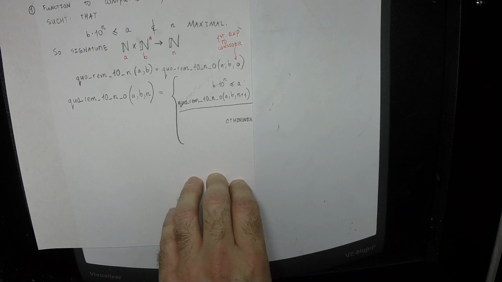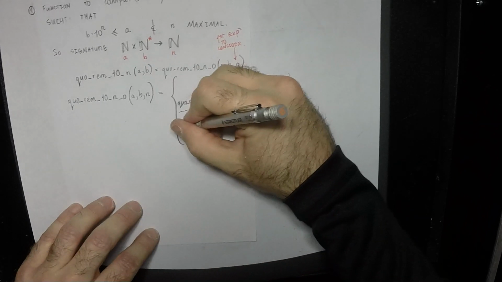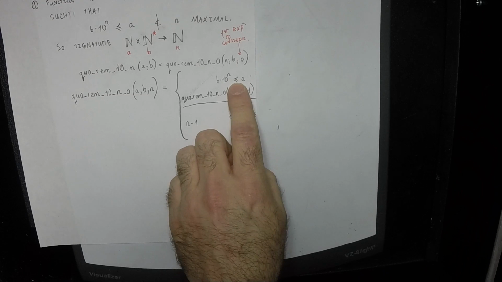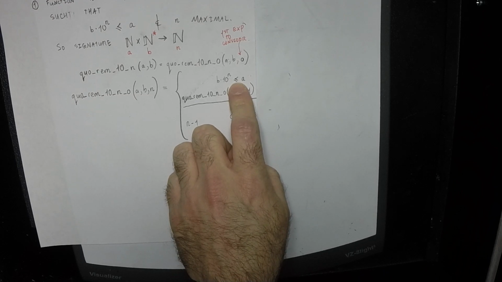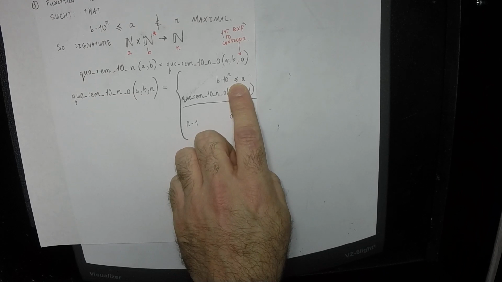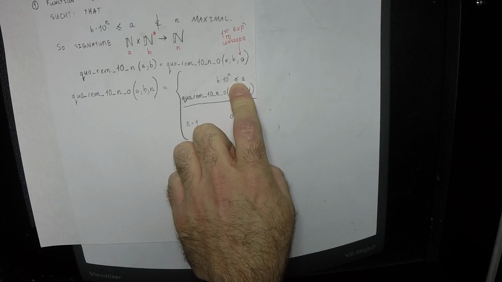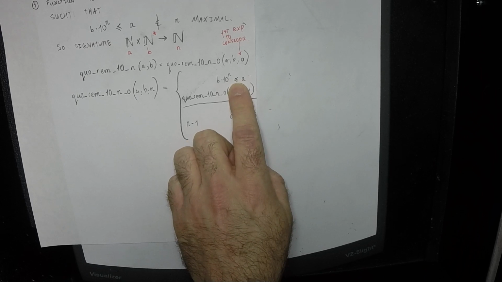It's n minus 1, right? It's the previous exponent. Because conceptually, this question is like asking, is n too big? So if n is too big, then we can continue.